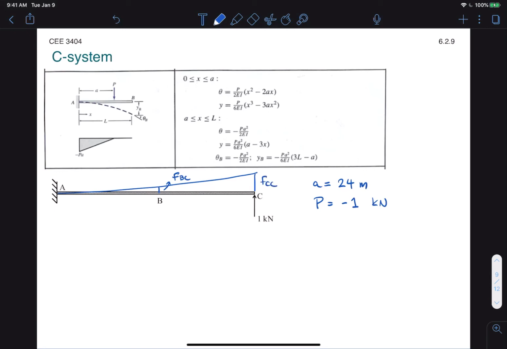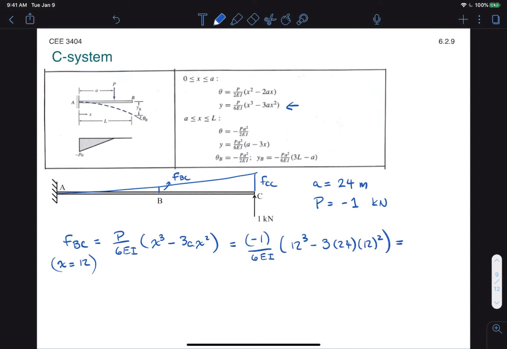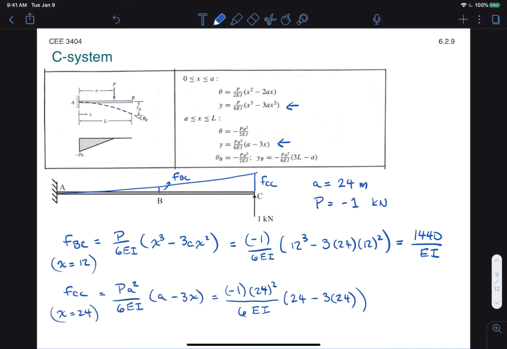So for FBC, we get the following, where we're using this equation here and plugging in x equal to 12. And plugging in values, this simplifies to 1,440 over EI. And then finally for FCC, plug in x equal to 24 for this equation, or we can just use YB, either one. And plugging numbers in, we get 4,608 over EI.